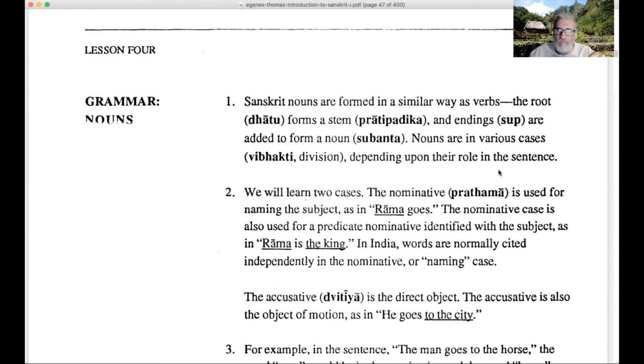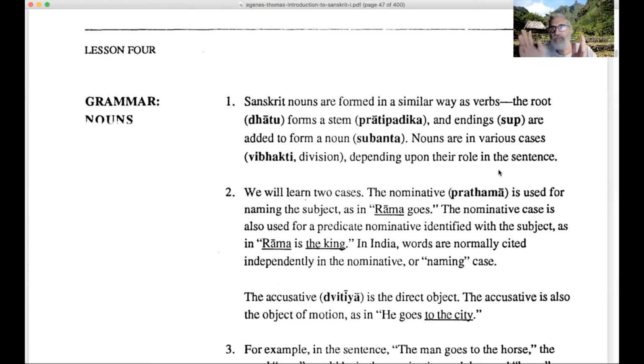So now, the root, dhatu, forms a stem, pratipadika. The word root is the same in Sanskrit for verbs and nouns, dhatu. It forms a stem. Remember, with verbs we had gam, and then we had gaccha, and then we added ti, and it became gacchati.